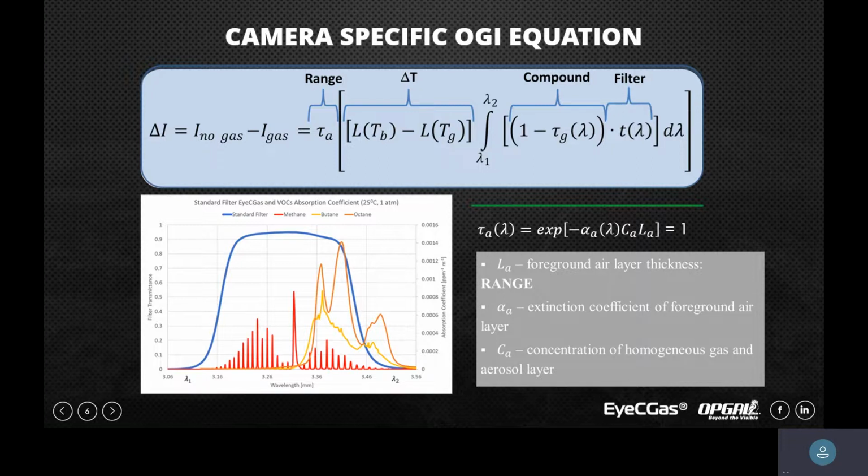But this is no longer true if we go further away. When we go further away from the leak, we start considering this. The atmosphere starts reducing our signal, the contrast in the camera. And then if we need to optimize our detection for long range, we need to consider other filters.